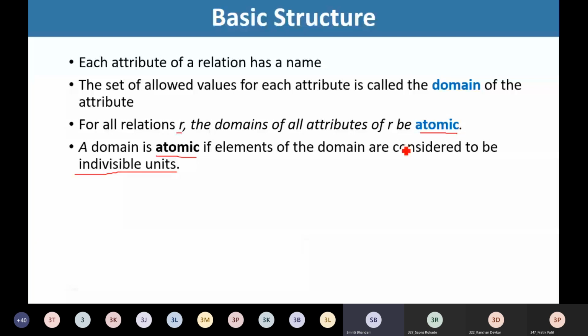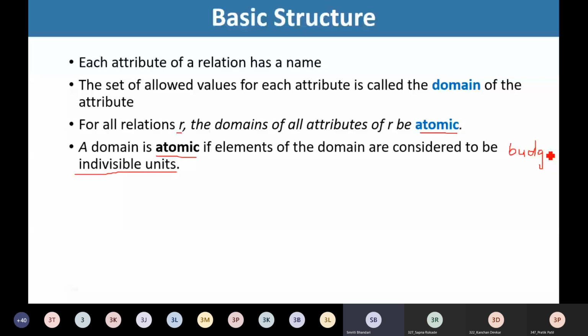For example, if I have the domain budget, which is one of the domains that we have seen, what are the values that I may have?